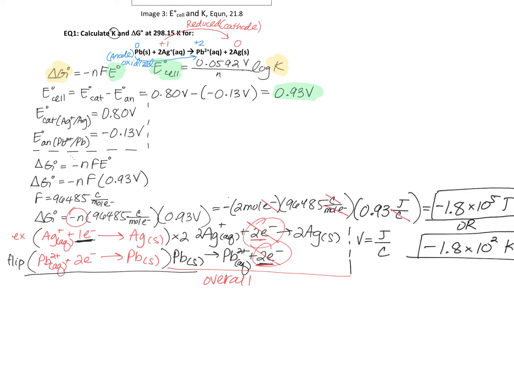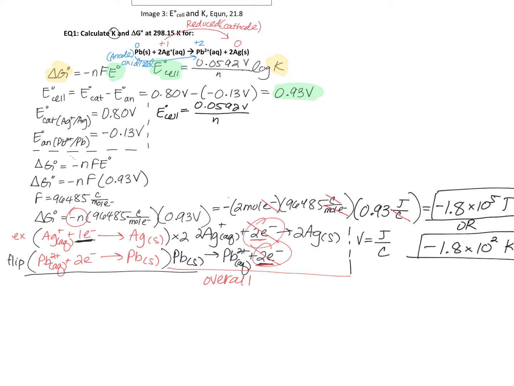All right, so we have this equation up here. It says that E cell at standard state is equal to 0.0592 volts over n times log of K. So let's rewrite that down here. We want to solve for K by itself.